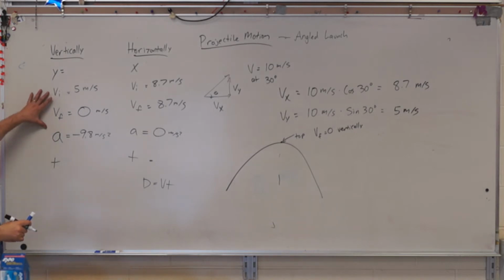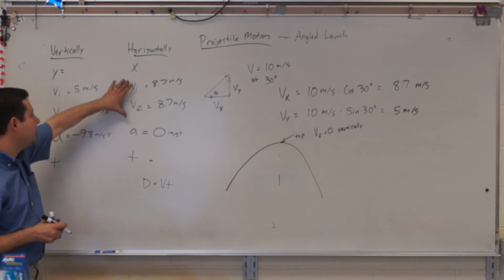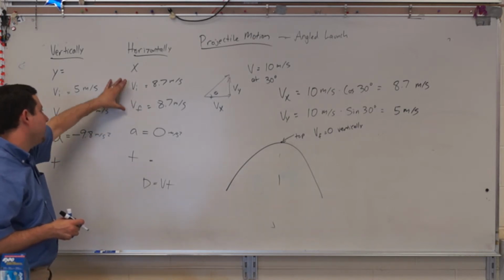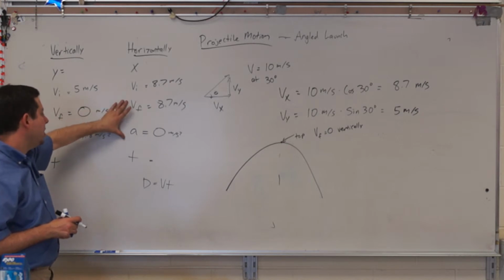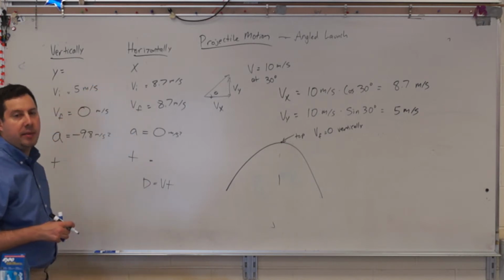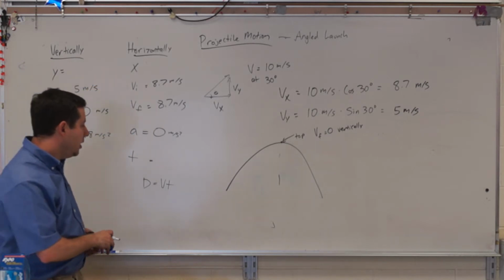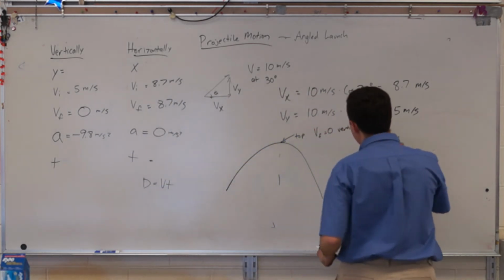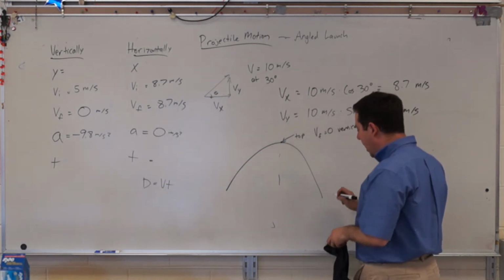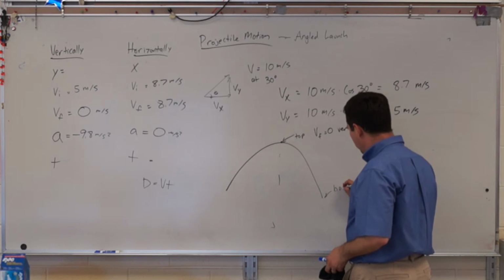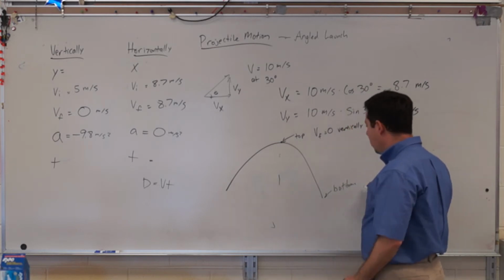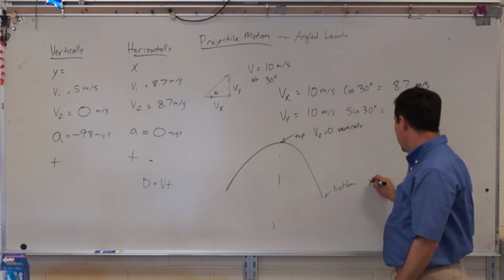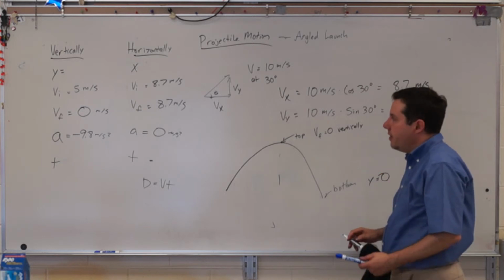And now you have 3 variables, and with kinematics equations, you need 3 variables, and then you can solve for the other 2. The only exception is something like this, where you have 3 variables, but 2 of them are the same. You need either position or time in order to solve for it. If you don't want to do that, you could say, what happens at the bottom? At the bottom, you return to your original elevation.